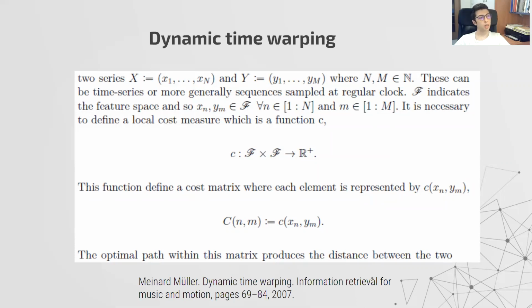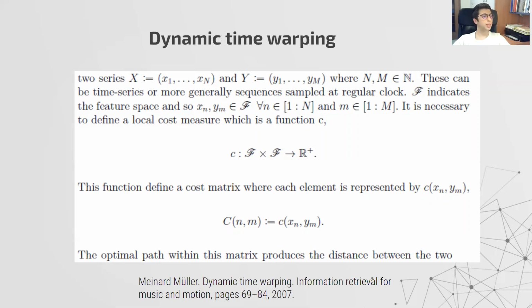In the same way, you can extend this to the case that we are considering now. So let's consider these two time series, in this case univariate, and we have to build a matrix n by m, where n is the number of points of the time series x, and m is the number of points of the time series y.